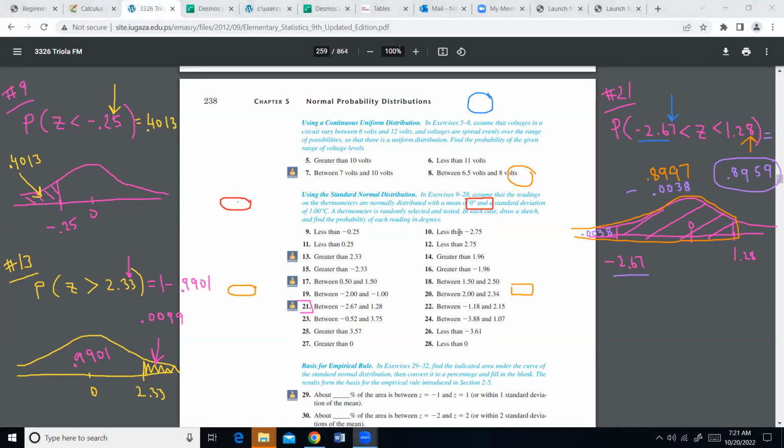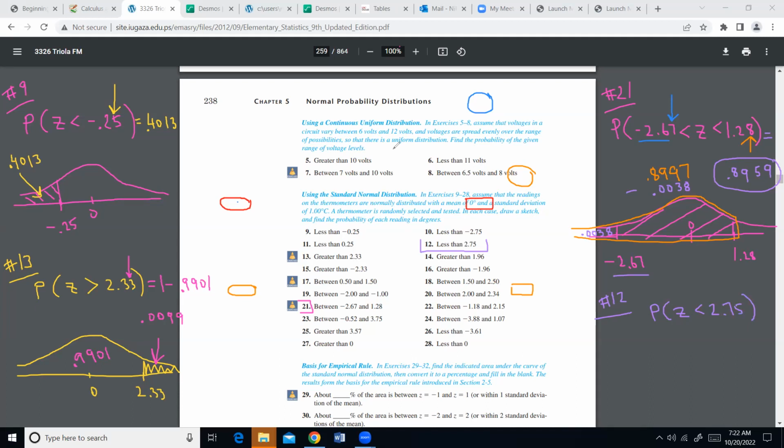I want to do problem number 12 and then have you do number 10. So exercise number 12. We need to find again probability, which is same as area, that z is less than 2.75. So I already know how to use tables.